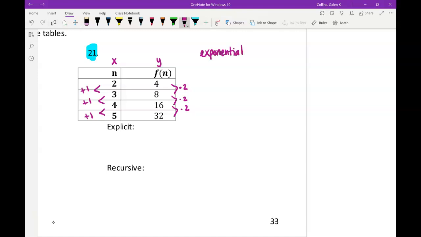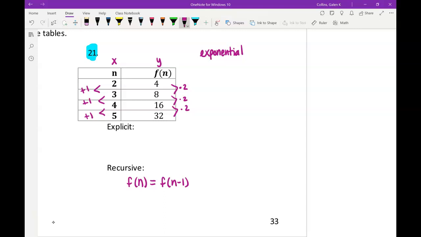And I'm actually going to start with the recursive rule because I think that might be easier. So if I'm looking at my recursive rule, if I want to get to some f of n, I'm going to take my previous term. So that's where my n value is 1 less. So for example, if n is 5, f of n minus 1 would be f of 4, because 5 minus 1 is 4.